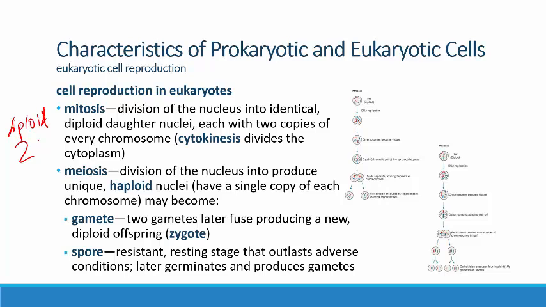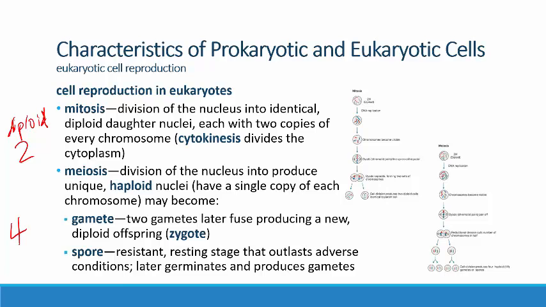Meiosis, on the other hand, is the process that is used to make the reproductive cells, to make egg and sperm. And in that process, we actually divide away from each other the two copies of the chromosome that we have inside each cell. And so through 2 rounds of cell divisions, we produce 4 cells.